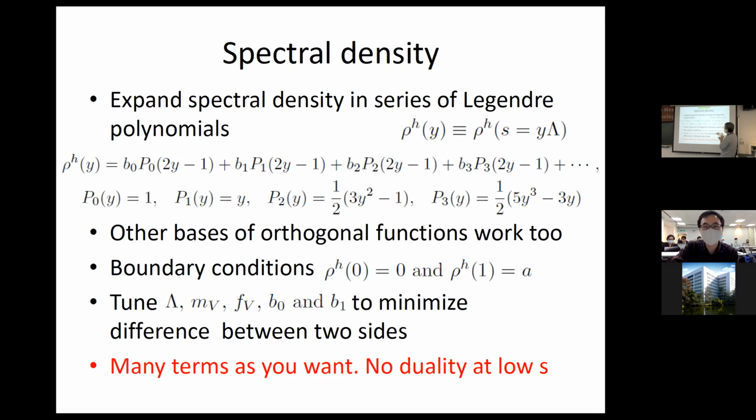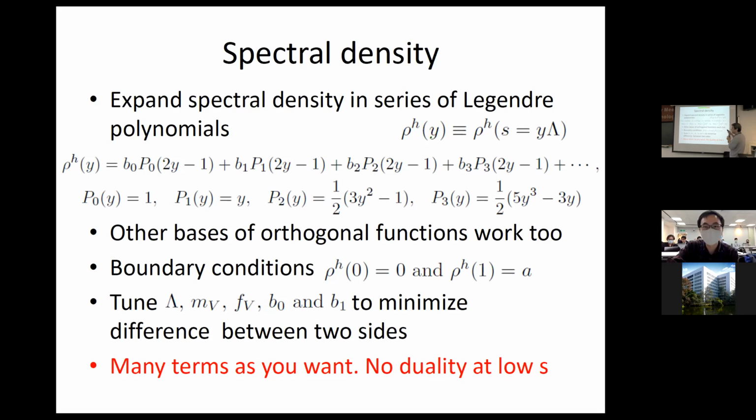Then we impose the boundary condition. When s is equal to 0, the photon has no mass and cannot decay into real hadrons, so we know that the spectral density should vanish there. The other one is at y equal to 1. This condition defines the continuity condition. The spectral density has to be continuous at the separation scale, because above the separation scale we have the conservative expression.